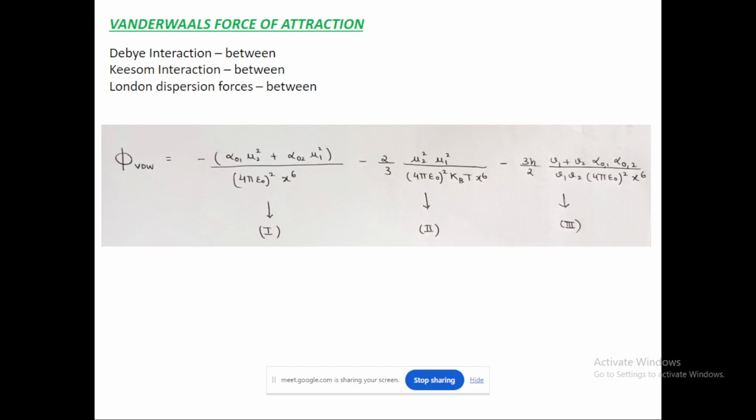So one is the electrostatic interactions. When two particles of opposite nature come together, or when two particles of similar charges also come together, they will experience some sort of electrostatic interaction.